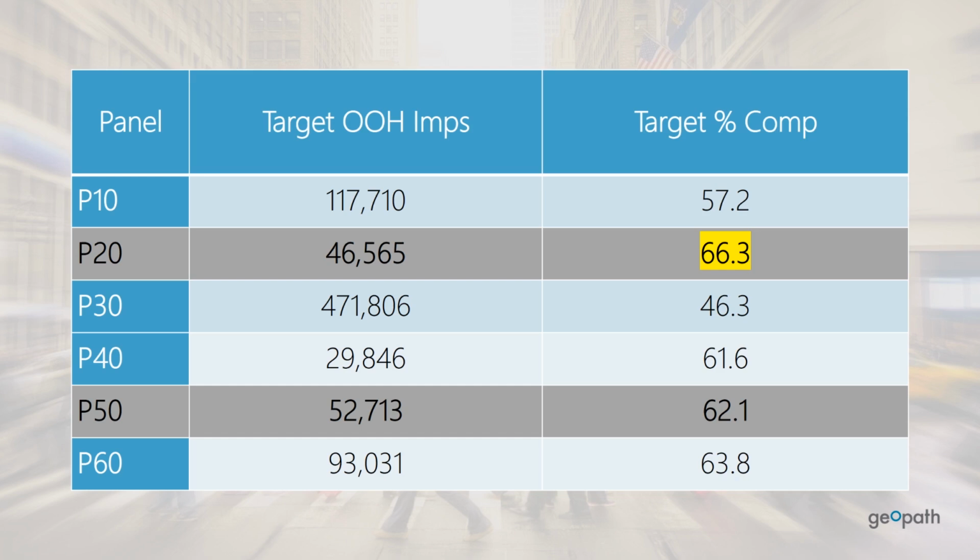However, unit P20 has a higher concentration of the target audience, or percent composition, resulting in less wasted impressions. It's worth noting that unit P30 has the highest impressions but the lowest composition. If affordable, that unit would give an advertiser the highest quantity of impressions against the defined target, but more than 50% of the unit's impressions are not among the specified target.